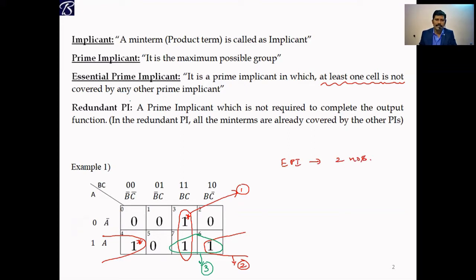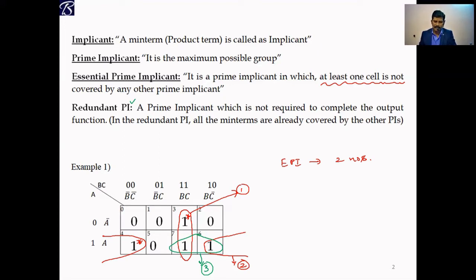What is a redundant prime implicant? A prime implicant which is not required to complete the output function. In a redundant PI, all the minterms are already covered by other PIs. Let us observe this group number 3. This prime implicant is not required to complete the output function, because groups 1 and 2 already cover all the ones. Using the first group and second group, all the minterms are covered and the output function is completed.